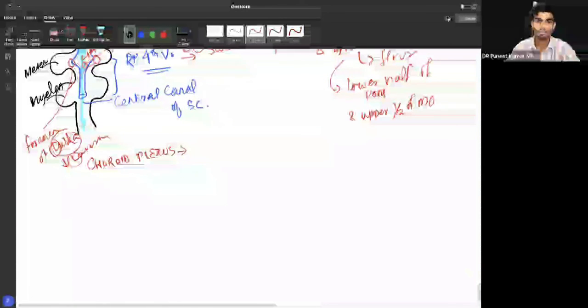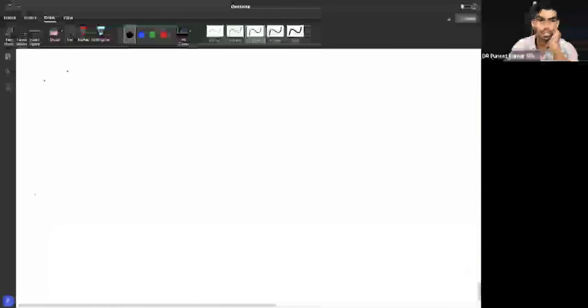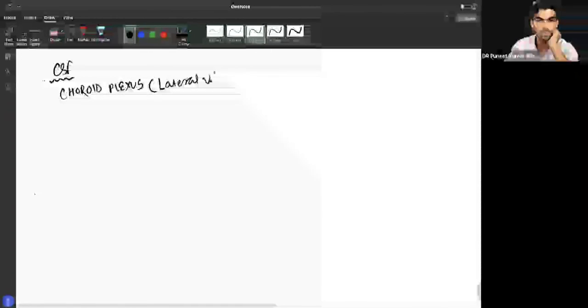Okay. Now look. First, the CSF is synthesized from the choroid plexus in the lateral ventricle. Through foramen of Monro, the CSF goes to the third ventricle.